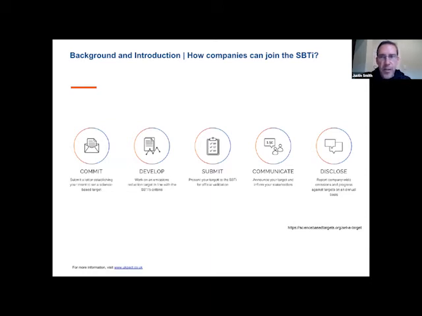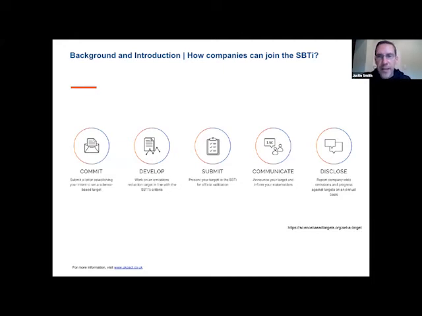Sometimes it's quite a lengthy process, and I think there's about a 2-year period that's given to organizations to work on that development of a target, look at the different support and guidance that's in place to achieve it, then submitting the target to SBTI when you're ready for that, for official validation.